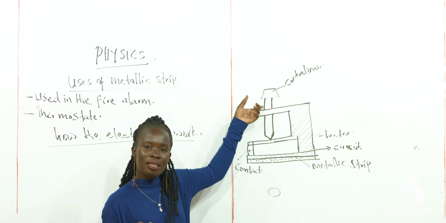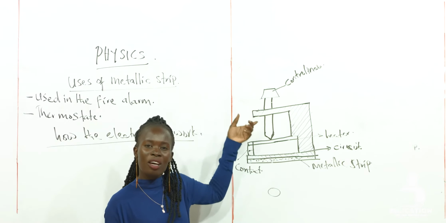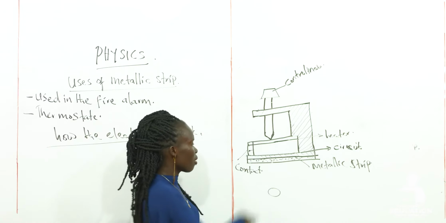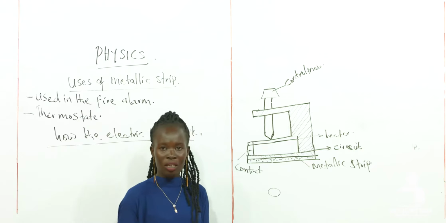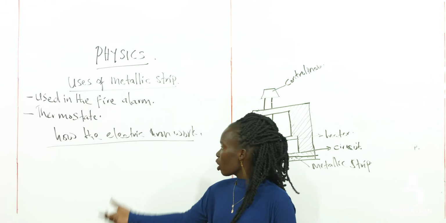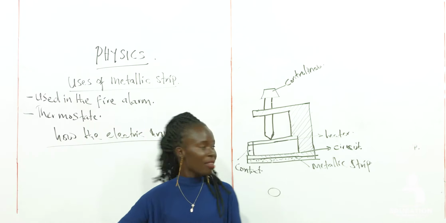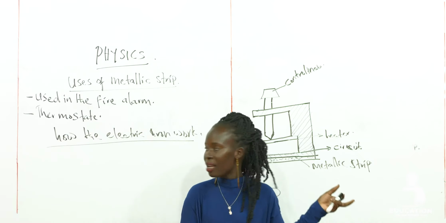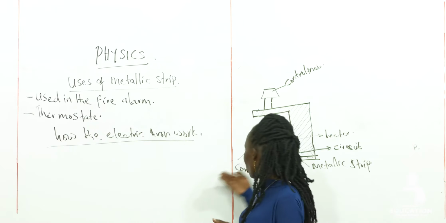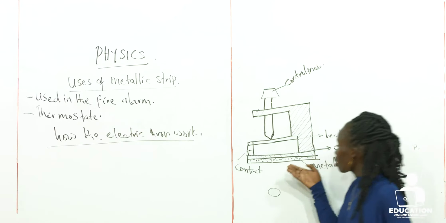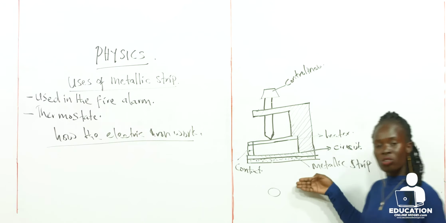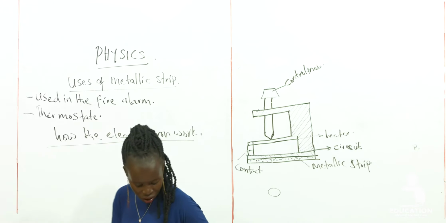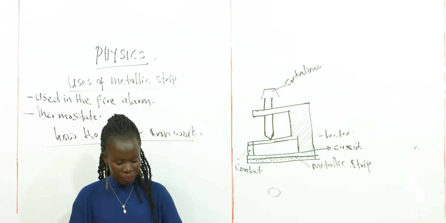The moment the temperature increases beyond what you adjusted, it will break the contact immediately. So that is how we use the thermostat in the electric iron. It is also because of the provision of the metallic strip. So that is another use of the metallic strip there.